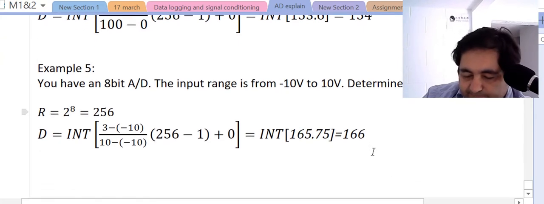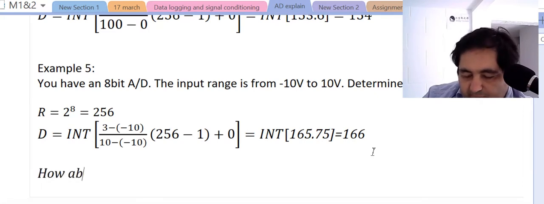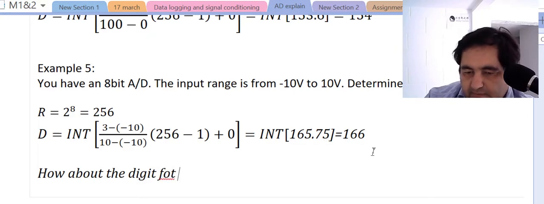Okay, let's have one more example. How about minus 2 volt? The digit for minus 2 volt?